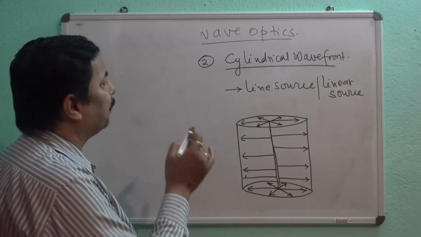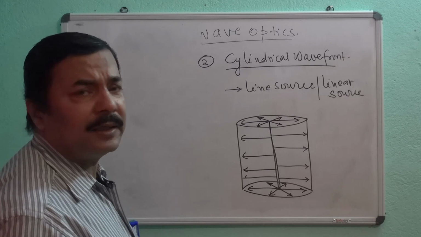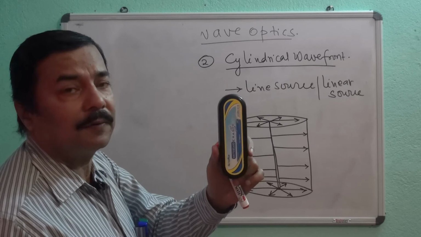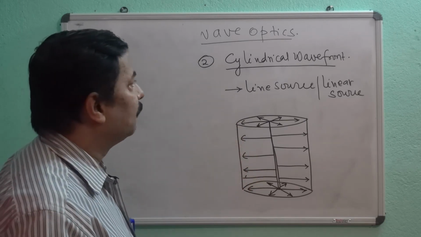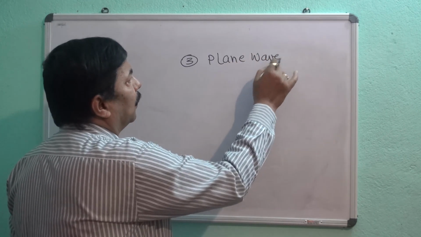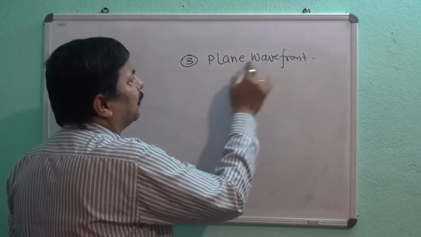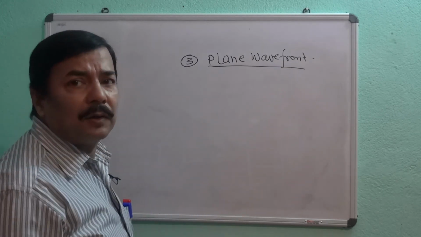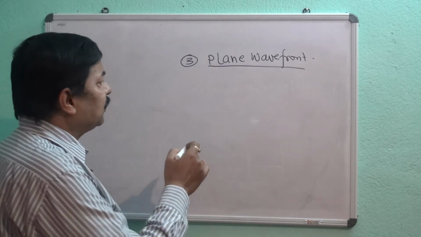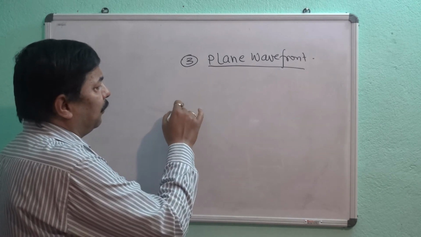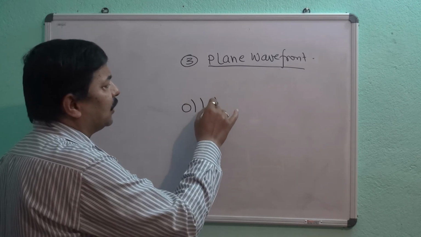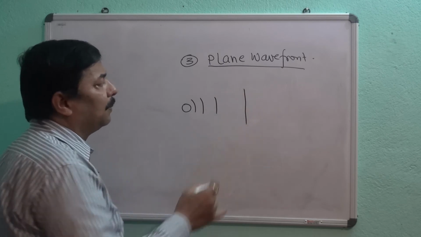Finally comes the plane wavefront. A plane wavefront is like this board, one surface, another surface, another surface, like that we get the plane wavefront. This plane wavefront is a part of a spherical or cylindrical wavefront. See here carefully. If this is the spherical wavefront, at a large distance what you will observe is that it will nearly become plane.